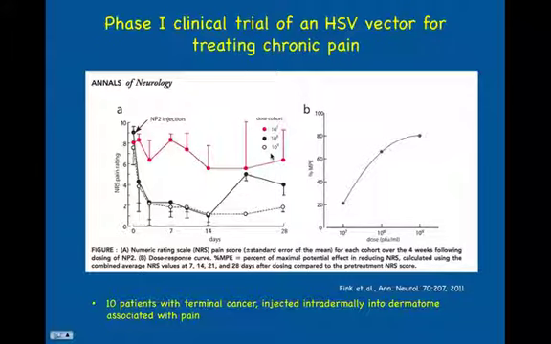And 10 to the 9th, that's a really high dose. It's really surprising that they could do that. Usually things are around 10 to the 3rd, 10 to the 4th for like a vaccine. But these are terminally ill patients, which means that if they choose to, they can take a riskier treatment, which I wouldn't call this risky because we know enough about herpes that there shouldn't be any control issues.